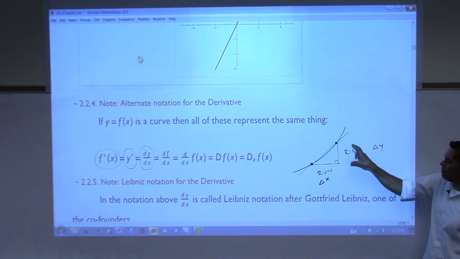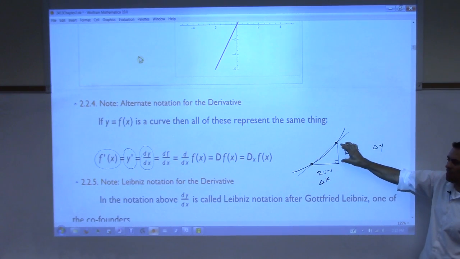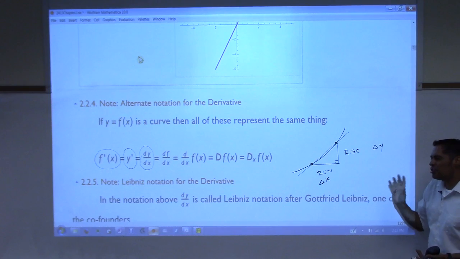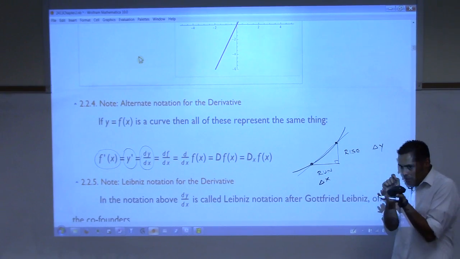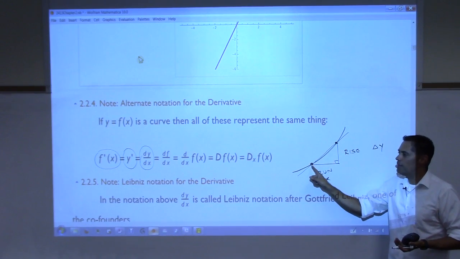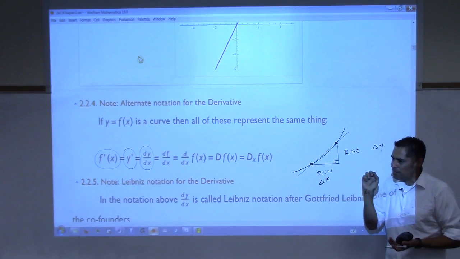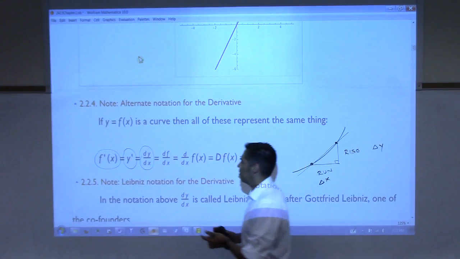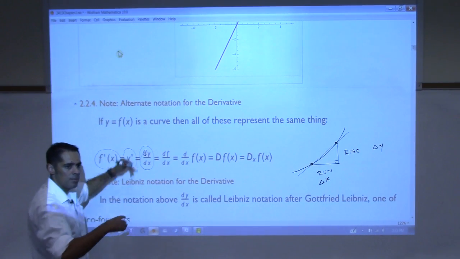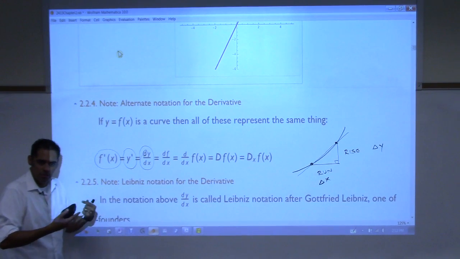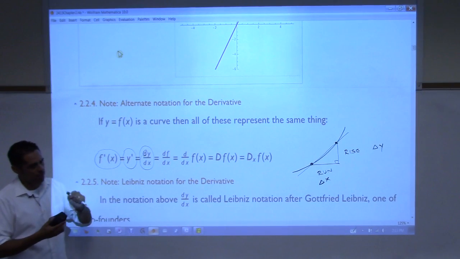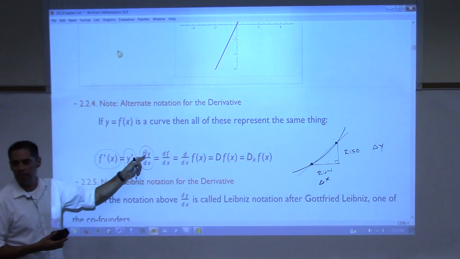Well, Leibniz says, but what I'm going to do is let this become infinitesimally small. It's not just change in x, it's an infinitesimal change in x, to the point where it's actually right on top of this one. And so he used this notation right here, this little d in front of the y instead of the delta, to represent the differential, that limiting process of going towards it without getting there.